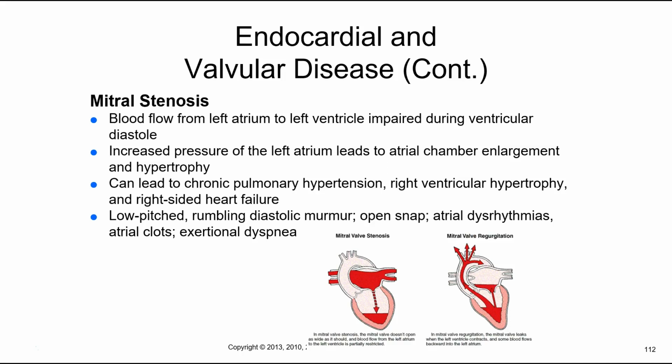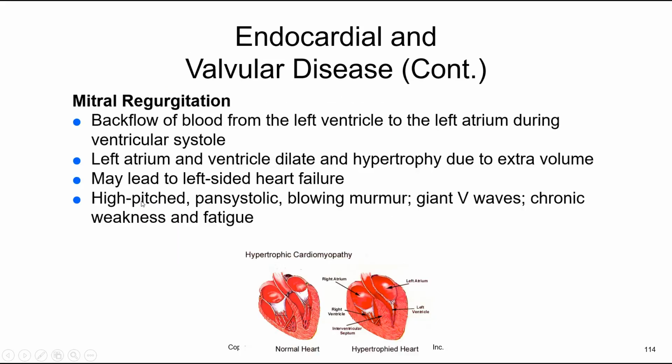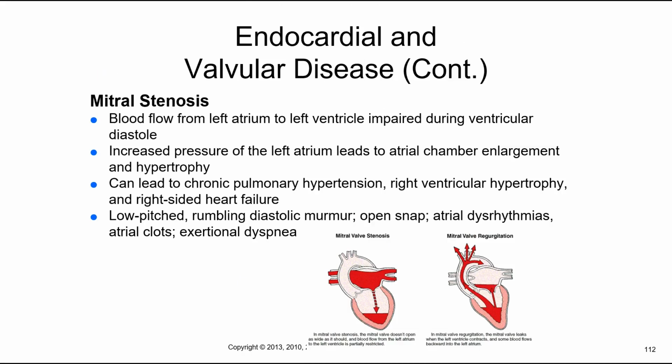Mitral stenosis is relatively common. Let's talk about this right here, chronic pulmonary hypertension because of mitral stenosis. Go back to that worksheet that we did last week and look at the right side of the heart and the left side of the heart, and the things that lead to the right side of the heart and away from the right side of the heart, and the things that lead to the left side of the heart and away from the left side of the heart.